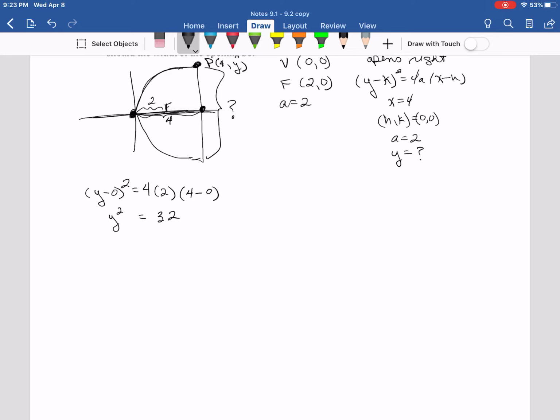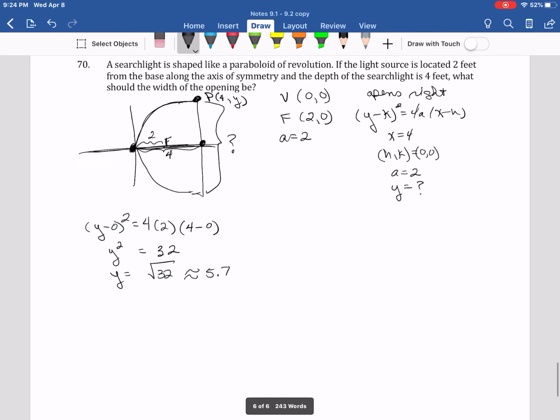So I do know that y squared is equal to 32. If I solve that equation for y, y is the square root of 32. You could approximate that if you wanted to. Since it's an application, it makes sense to do so. Square root of 32, 5.66. We'll call it 5.7.